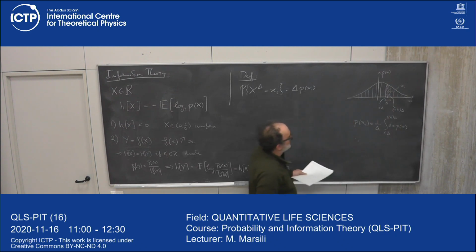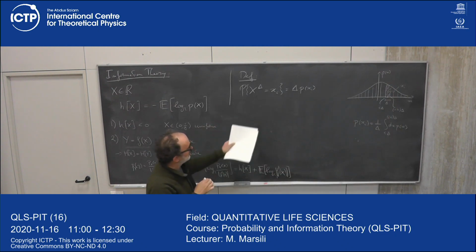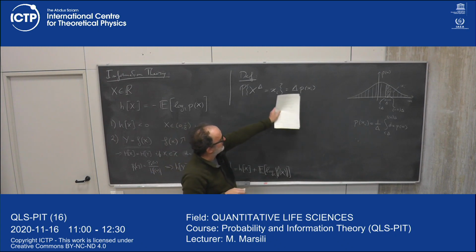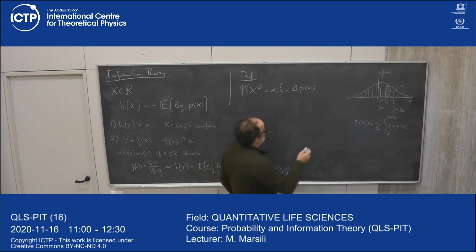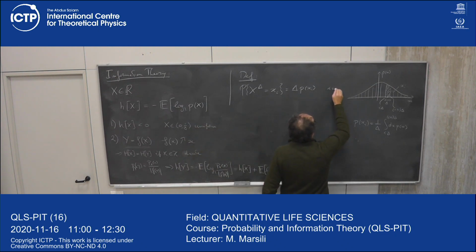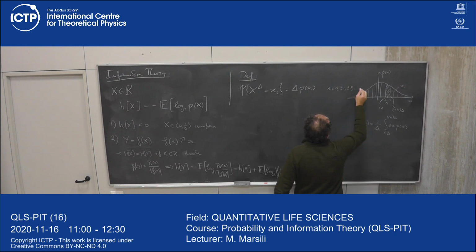So it is also clear that this way of defining the probability is normalized. If you sum over i, then you get 1, and i goes from minus infinity to infinity.